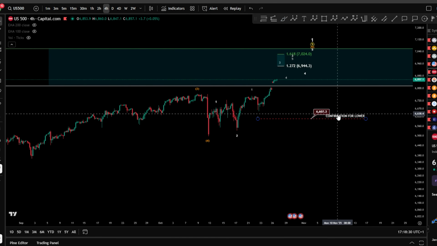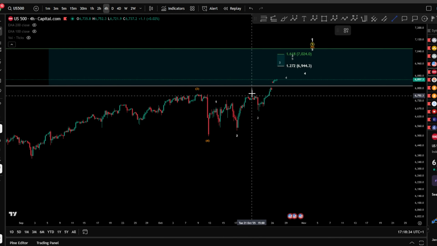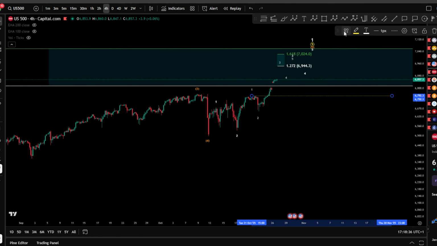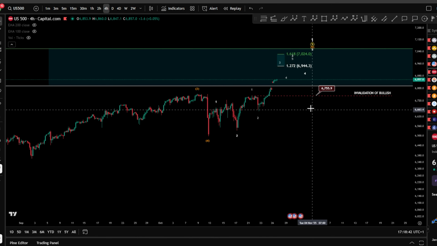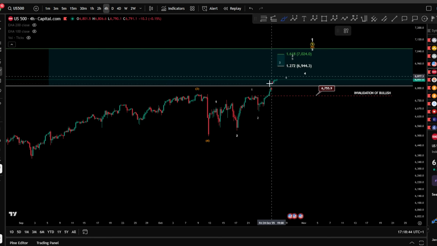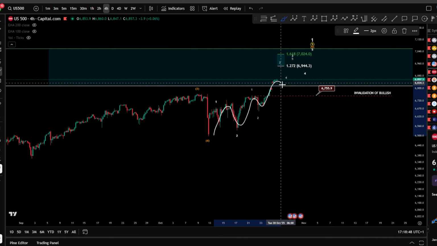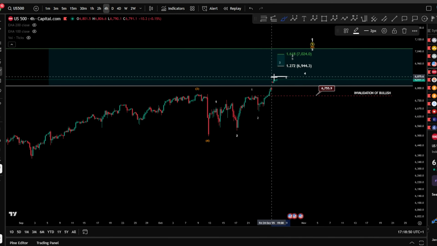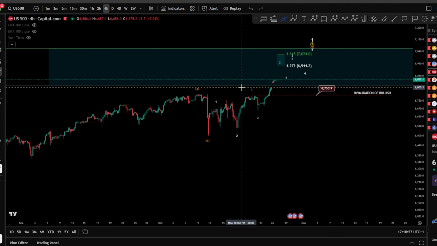And we see a potential invalidation: if the price there is taken at 6,755, this is invalidation of anything bullish toward the upside. It might turn into the ending diagonal, which is still in play until you take the 1-to-1 fib level. Not so far, but I believe it's going to be taken sooner or later.